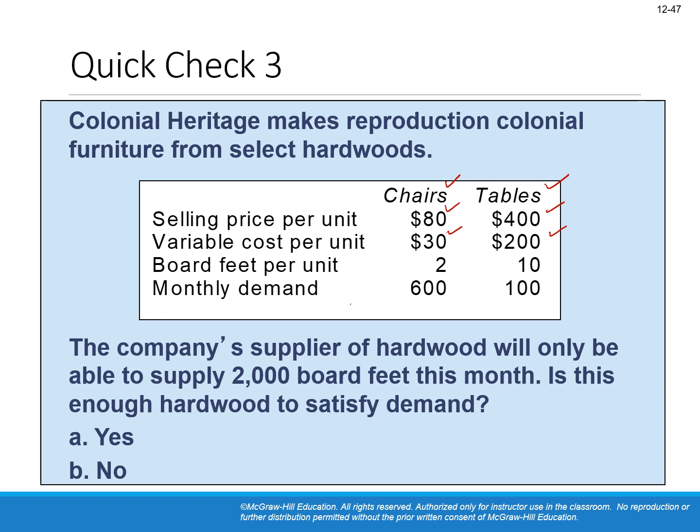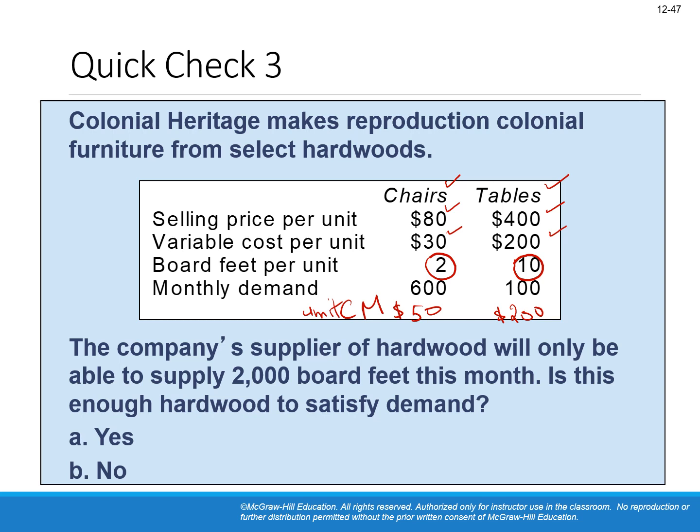Therefore, you can tell easily that the unit CM per chair is $50 and it's $200 per table. Board feet per unit: it takes 2 feet of wood to manufacture a chair and 10 feet of wood to manufacture a table. The monthly demand is 600 chairs and 100 tables.